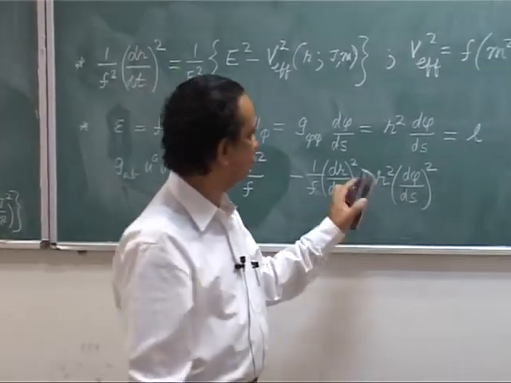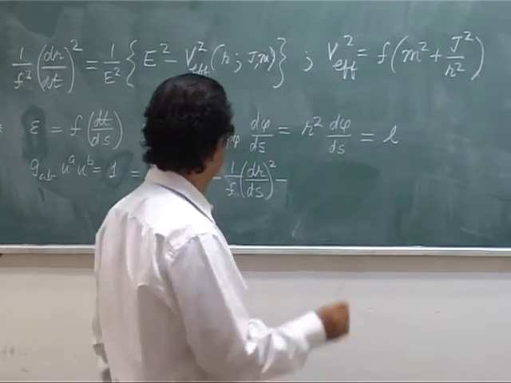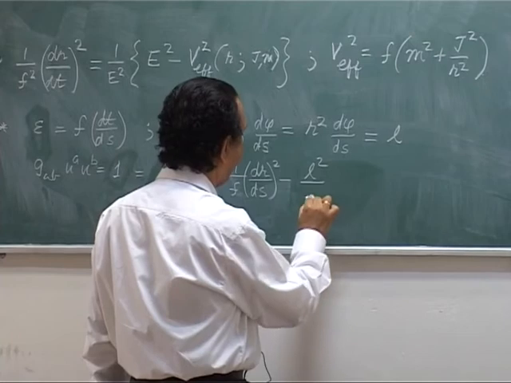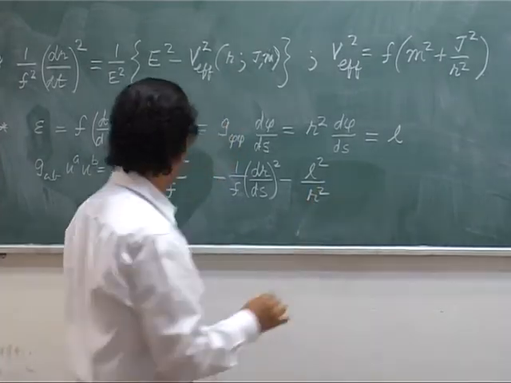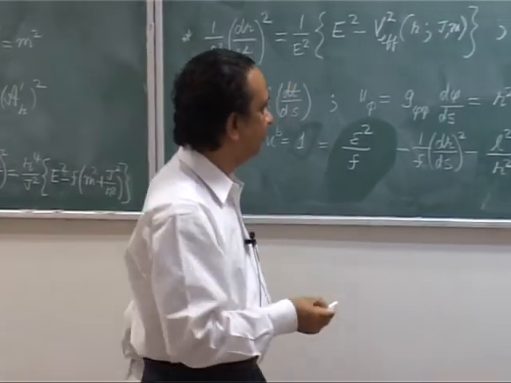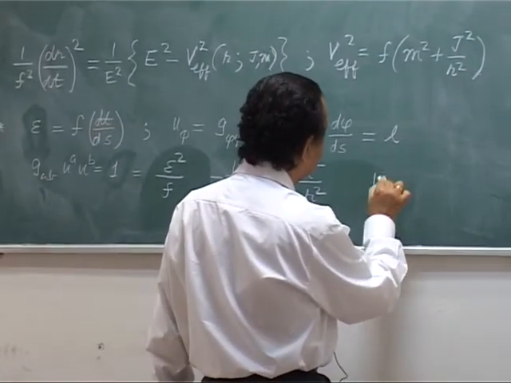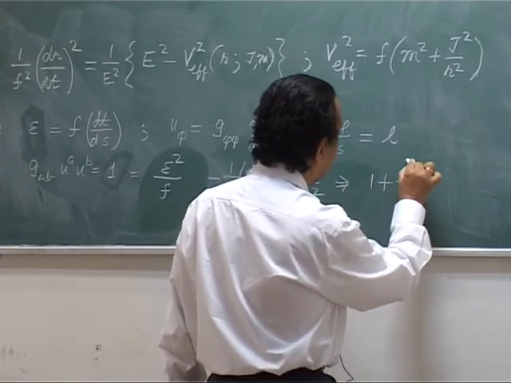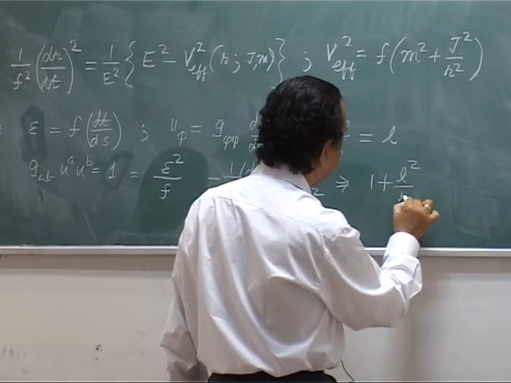So, it is L square by r square. What is left is this which we can solve for. So, this becomes 1 plus L square by r square.